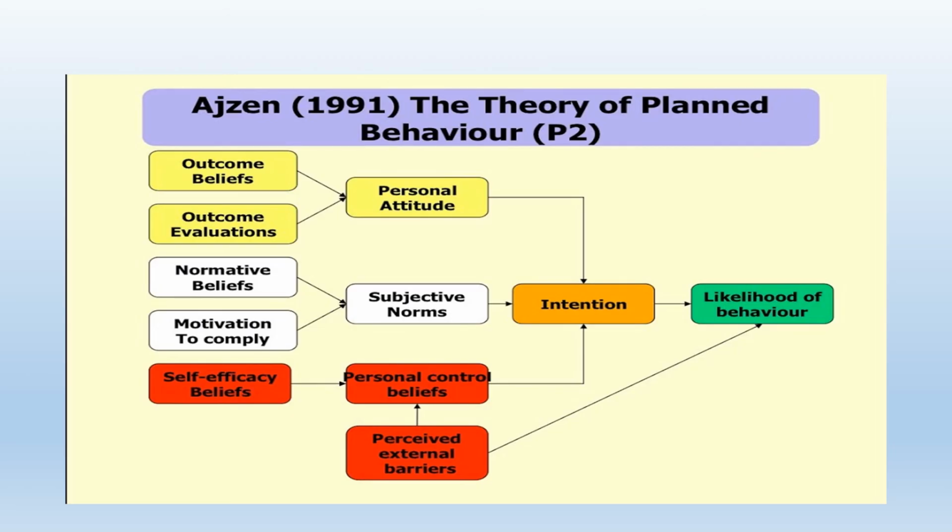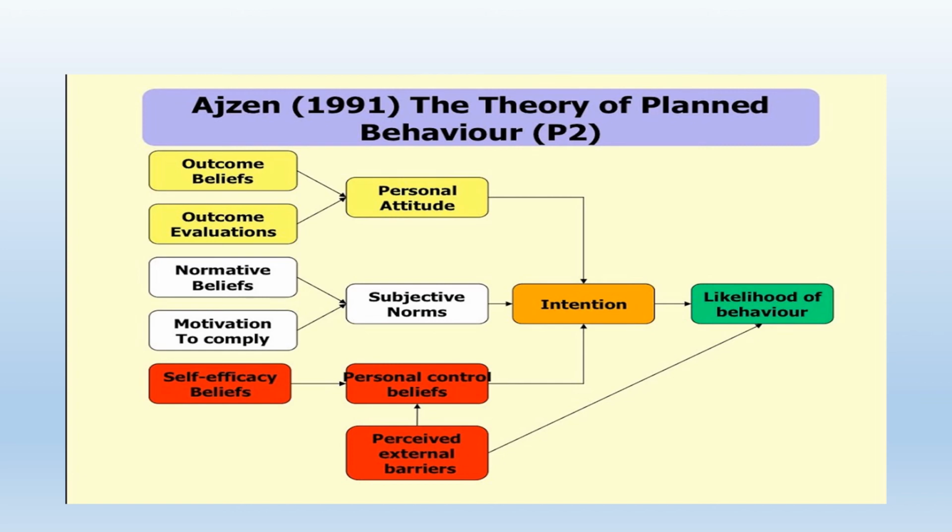So here in the picture we can see an easy explanation of how a person changes his behavior. First of all, he evaluates the outcome beliefs. He forms the beliefs related to outcome and evaluates the results as well, and that forms the personal attitude.